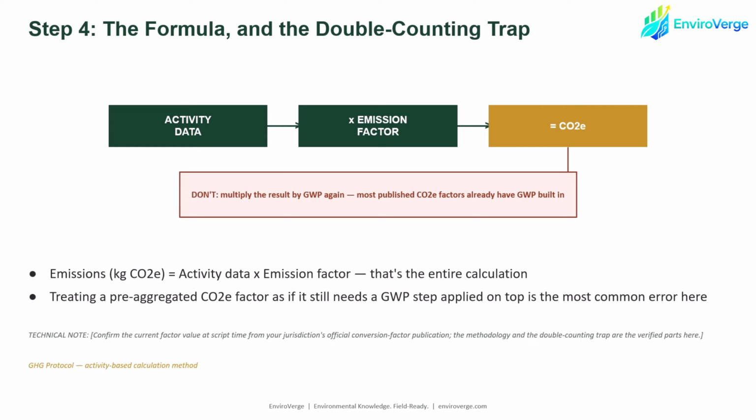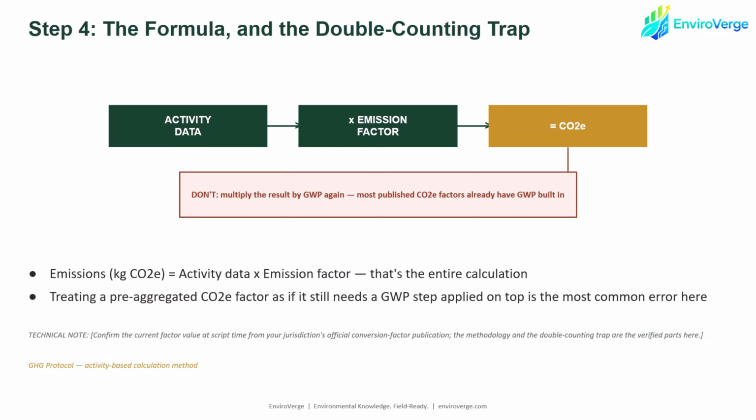Now, here's the mistake that appears in about a quarter of first-time Scope 1 inventories I've reviewed. Don't multiply the result by a global warming potential value on top. Most published CO2e factors, and I'm emphasizing CO2e, not CO2, already have the GWP weighting built in.